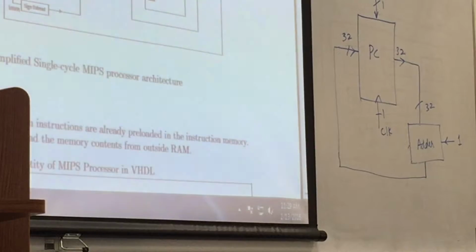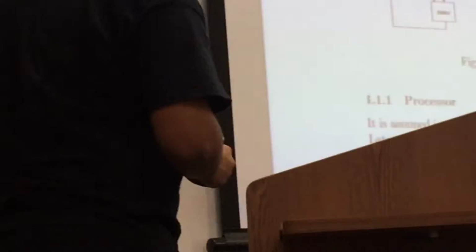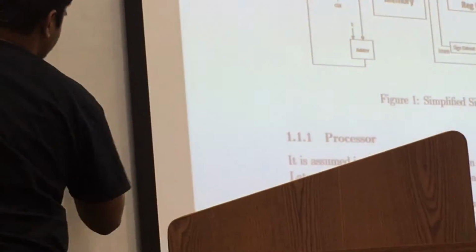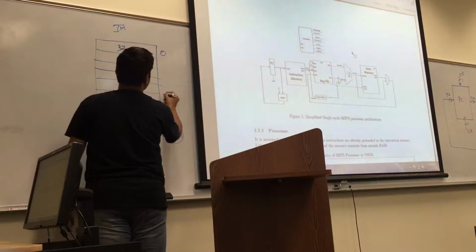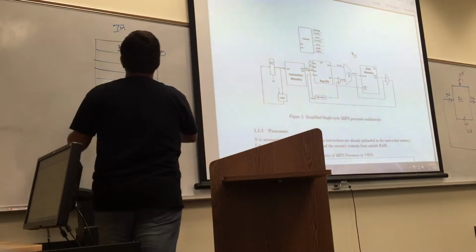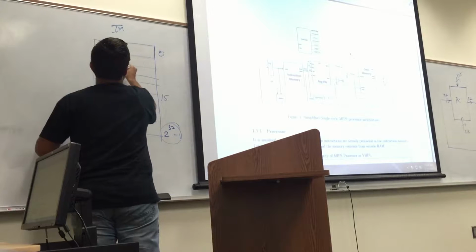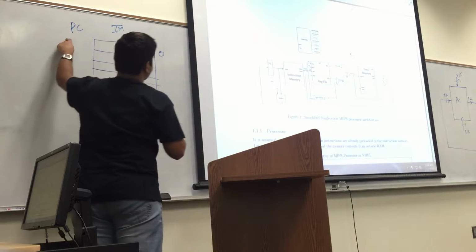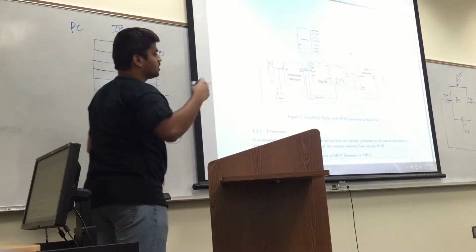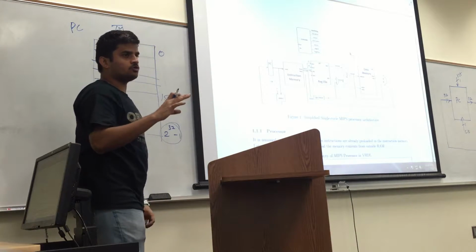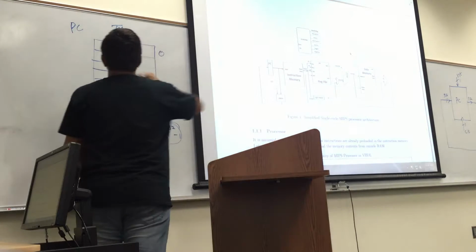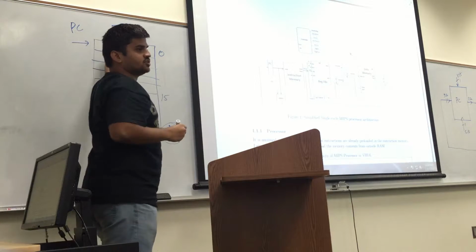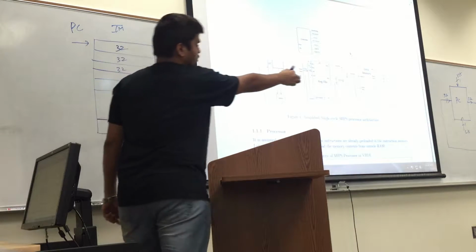But you won't be hard coding all of these up to this value. You'll be just hard coding up to say 15 values. Program counter is here. First, you have to make reset high so that your program counter will be 0, all zeros. So first you'll be fetching this instruction.